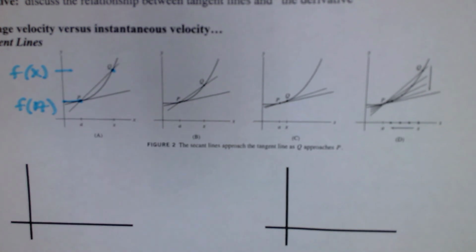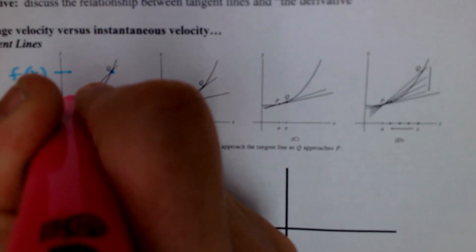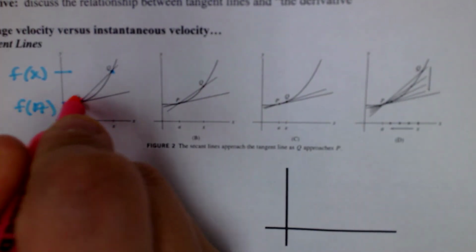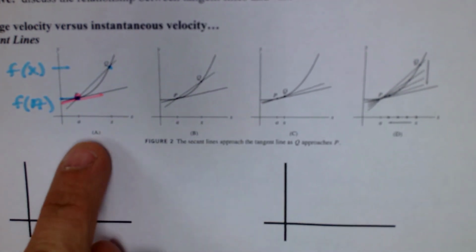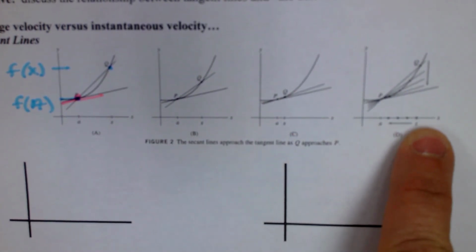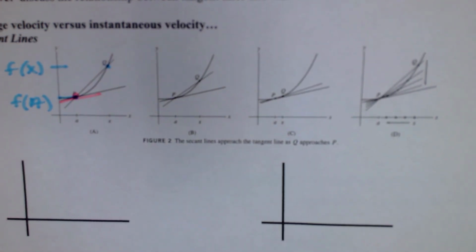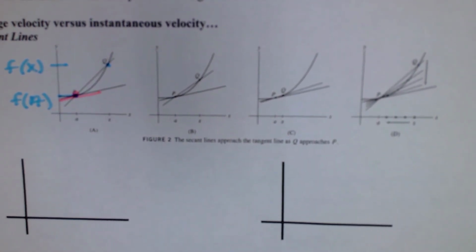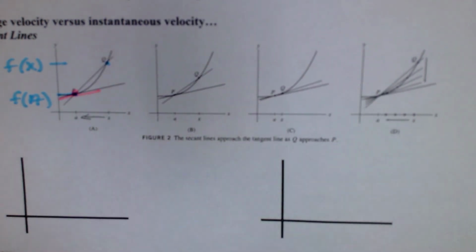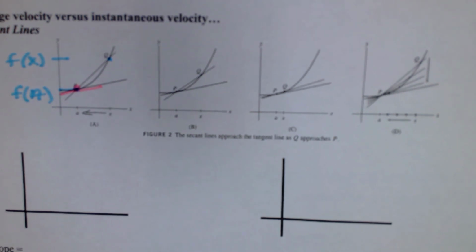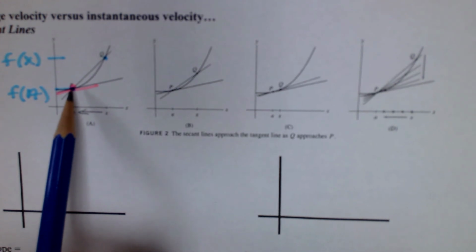All right, and then what we said is that the truth is if we were really focusing on P, and we draw in this pink line, that is going to be your tangent line. And as we look across, this is what's changing: as Q gets closer and closer to point P, in other words, X, which is down here on the bottom, is getting closer and closer to A, the slope that we calculate gets closer and closer to the slope of the tangent line.